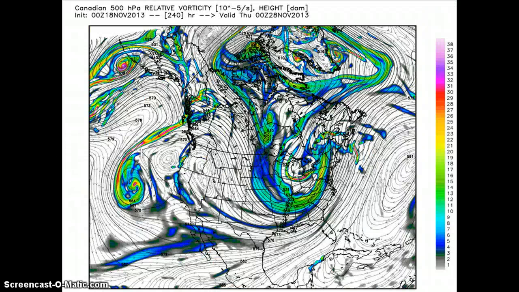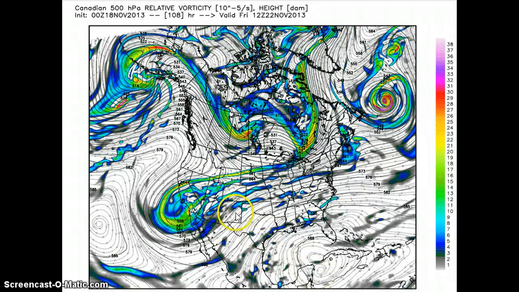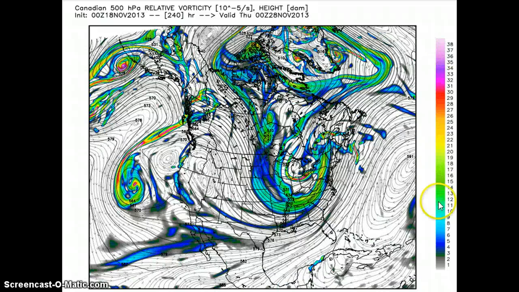And I'm thinking that we're probably looking at, there was a low at 240 hours on the European that was somewhere here in Georgia, Alabama, somewhere in that area, weak low. I think we're going to end up seeing a much stronger low somewhere between the Carolina borders, probably, maybe slightly inland, like somewhere right in here.